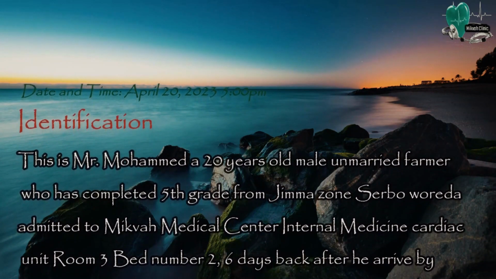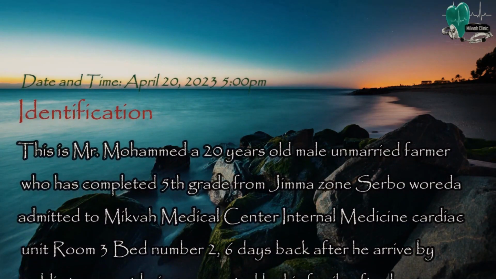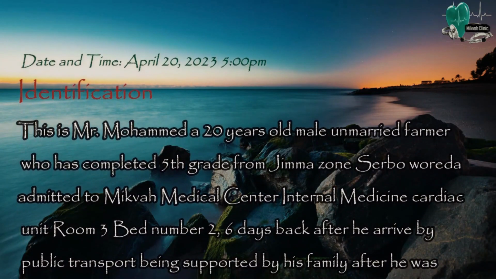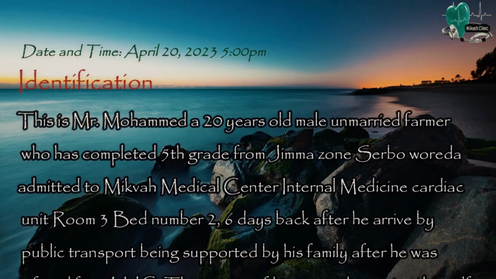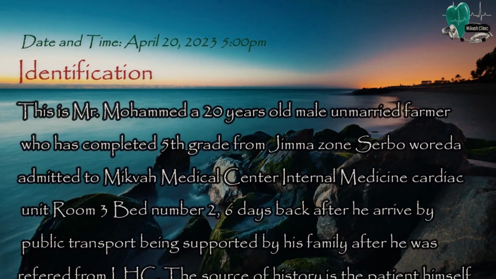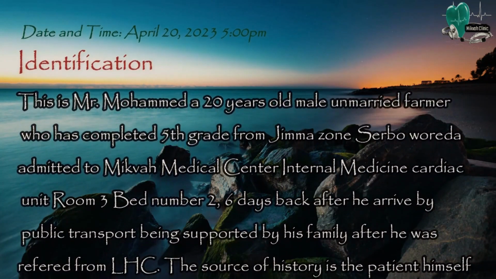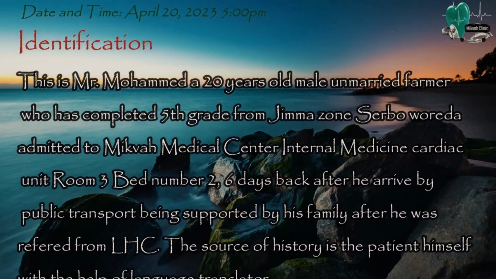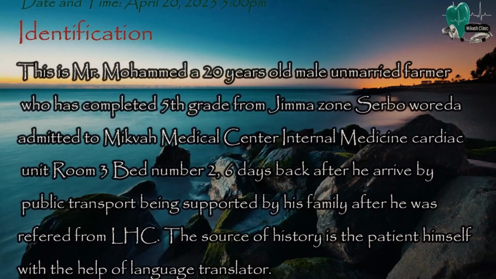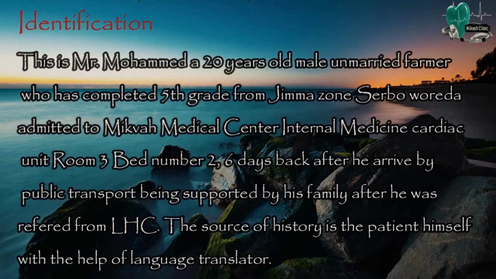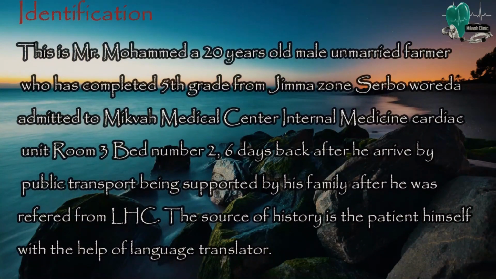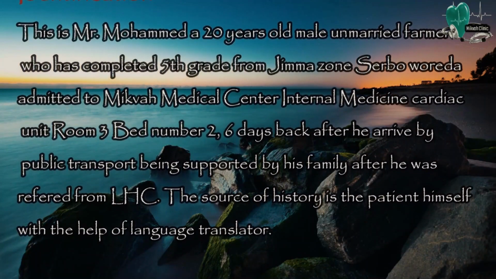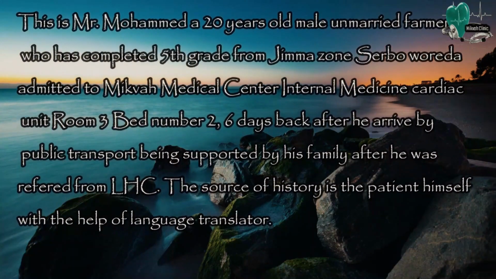Sometimes in adults, if they are unconscious, or have aphasia, or have difficulty explaining their symptoms, the attendants might be the source of history. In this condition, the quality of the history is different. If we get it from the patient himself, usually the quality is better, because he can exactly explain what he is feeling, and that helps us reach the diagnosis.